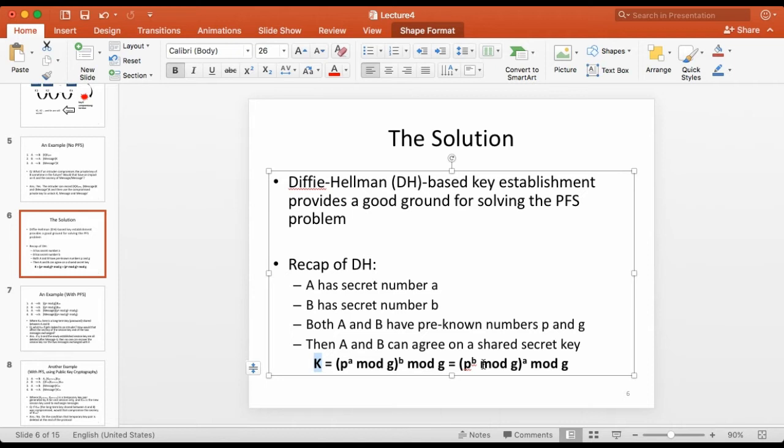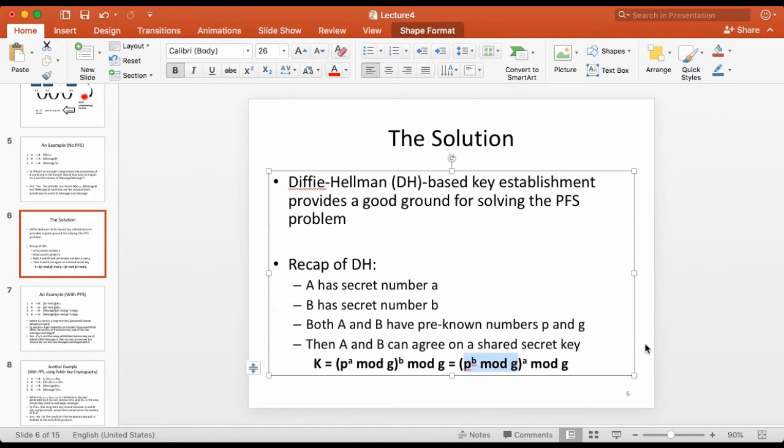They've exchanged two sub-calculations, and these go in the public domain, but locally they managed to compute a secret key that no one can compute by just looking at these numbers.